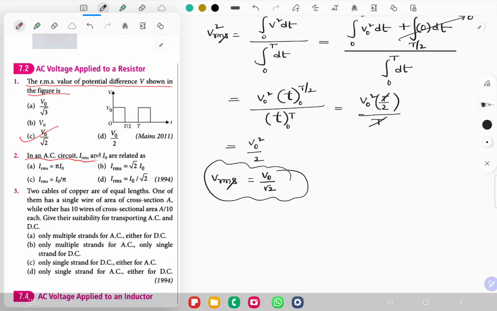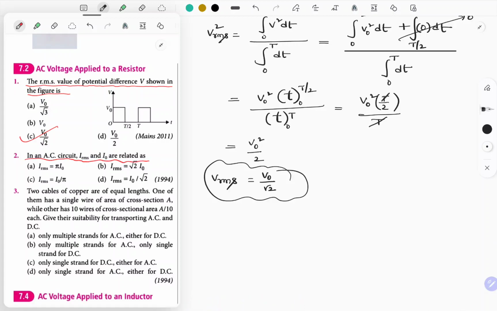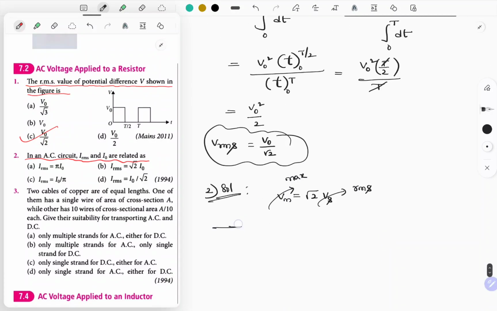In an AC circuit, IRMS and I naught are related as? The general relation between IRMS, VRMS, VM and IM is: Vm is equal to root 2 times Vs, where Vs is RMS and Vm is the maximum value. So let me write it down clearly.